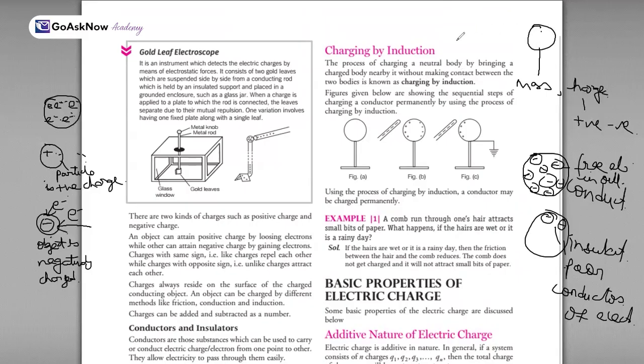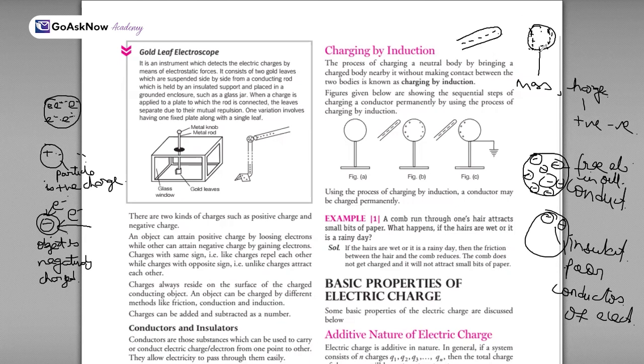And if I bring a charged body, which has an excess of electrons, near it, the electrons here will move farther away because they will repel these excess electrons. The electrons will move to this side.